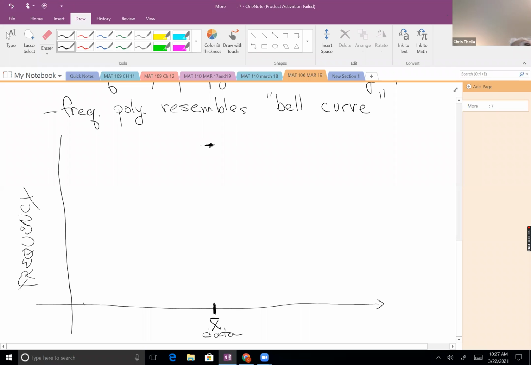And we said that as I move away, the frequency decreases. So as my values get smaller than the mean, the frequency is going to go downhill. And it's relatively symmetric. So picture, if you could, folding it over that line and having it doing the same type of thing on the other side.